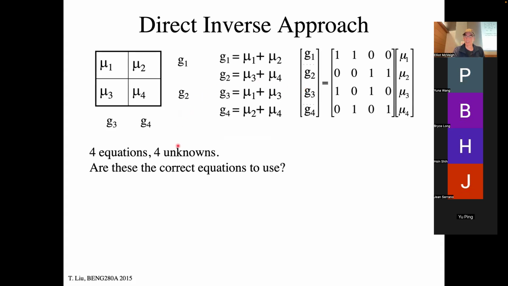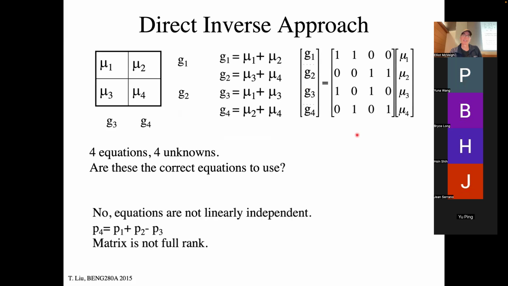Okay. There's a little trick here. Those of you who excelled at linear algebra will look at this matrix and say, that's not a full rank matrix, right? It turns out from those equations that G4 is G1 plus G2 minus G3.